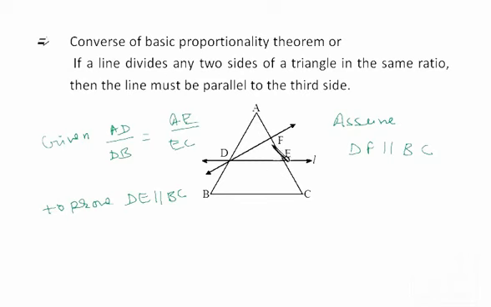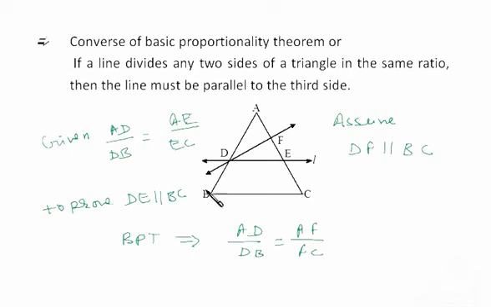Now if DF is parallel to BC, according to BPT, that is basic proportionality theorem, AD by DB must be equal to AF by FC, right? AF by FC, because DF is parallel to BC. But what is happening over here? We are given that AD by DB is equal to AE by EC.